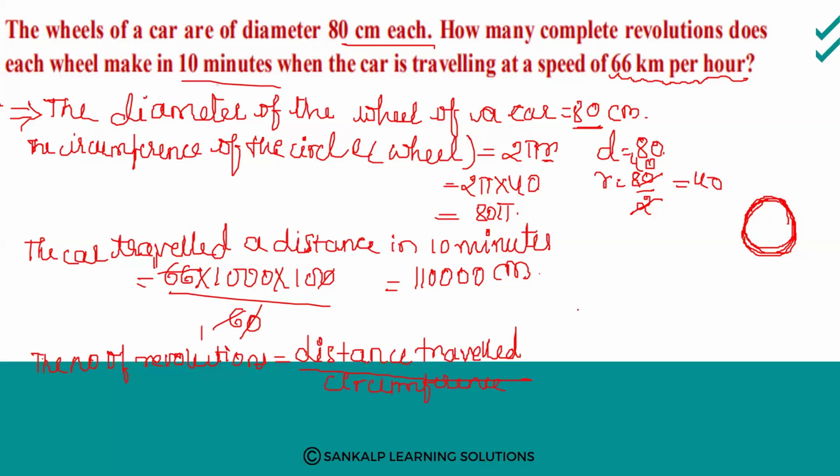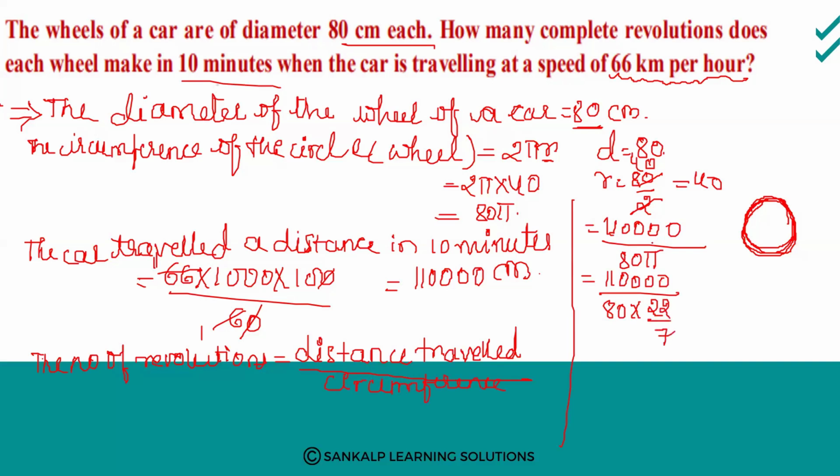Yes. Now we know the value of distance, that is 110000 divided by circumference, which is 80 pi. Now 110000 divided by 80 into 22 divided by 7. Why? Pi value is 22 divided by 7.